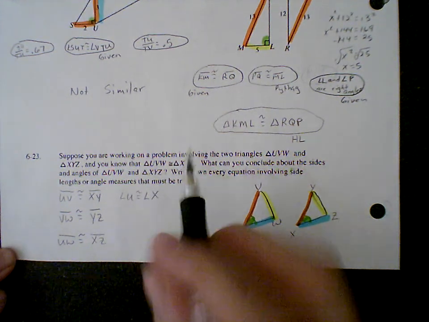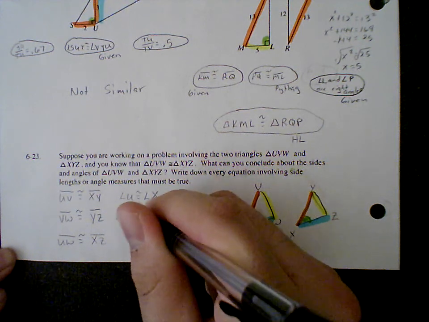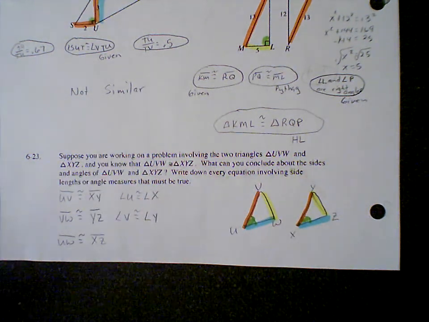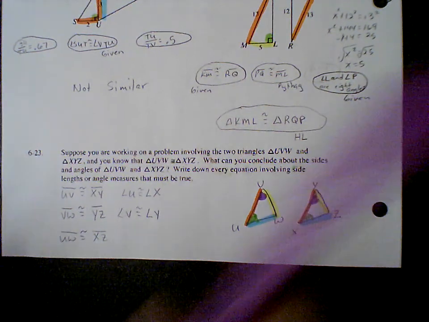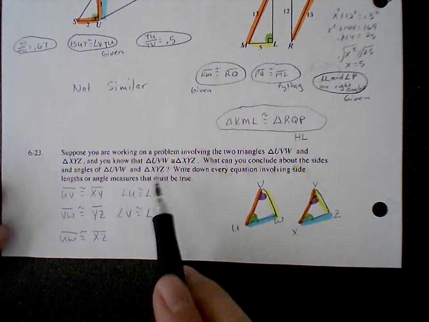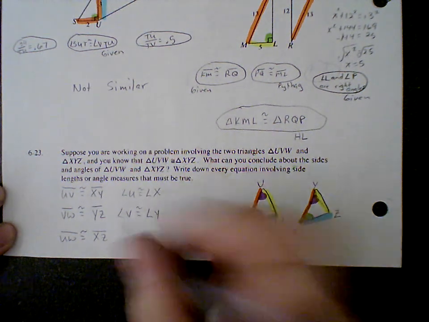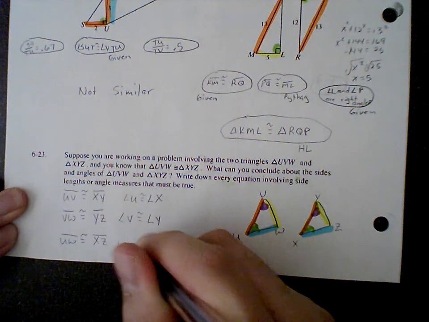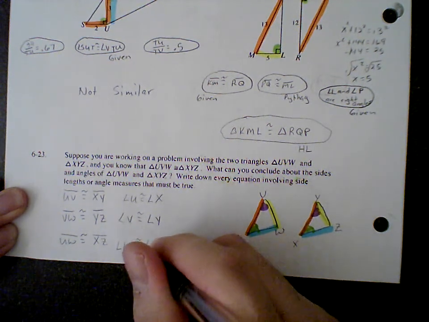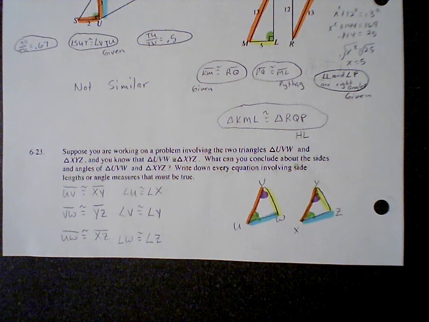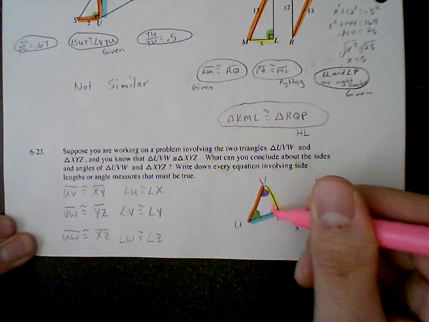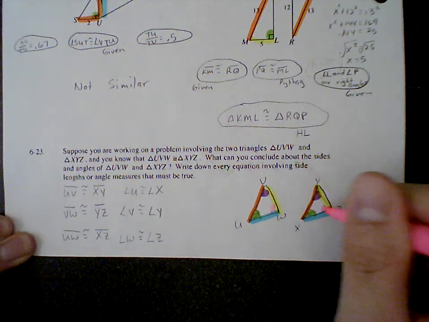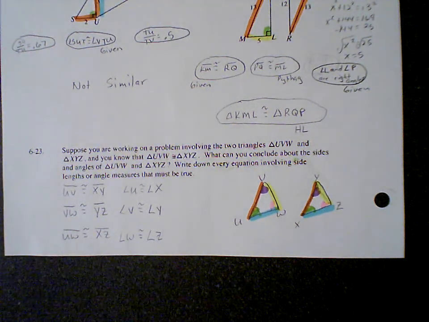Angle V is congruent to angle Y. And the last one listed in each of these is W and Z. So angle W is congruent to angle Z. All right, so we know those 6 things after we know the triangles are congruent.